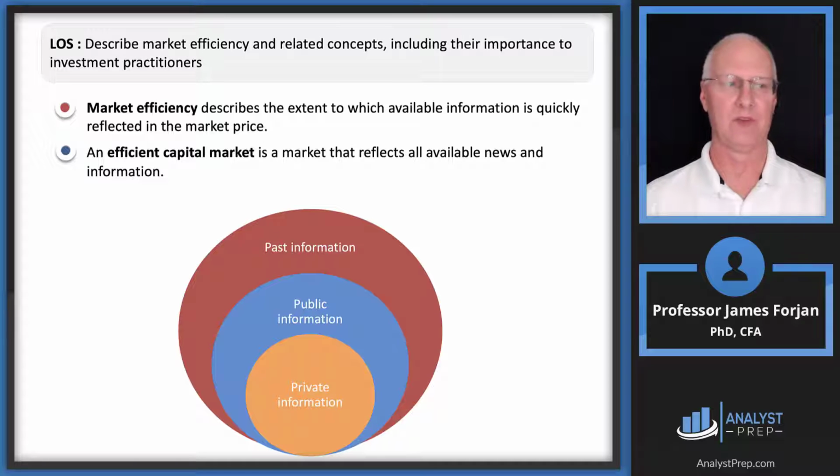Now, one of the geniuses of Eugene Fama's hypothesis back in 1970 was that he split the groups of information into 3 types of categories. The first group is the group that includes what I think of as almost all relevant information at its simplest possible level. So if you think about today's stock price, what do you think is the best predictor of today's stock price?